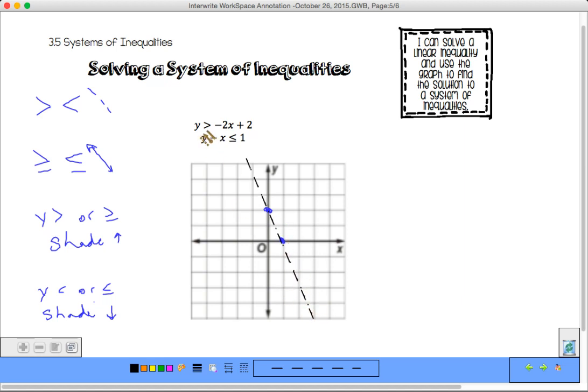Dotted line because it doesn't have the line underneath, doesn't have the or equal to part, so it can't be equal to that line. I have to leave it dotted. And then we have to think about this shading.